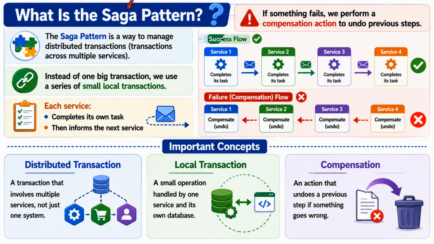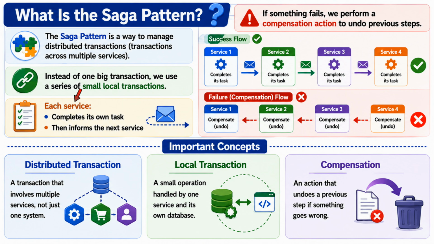Now we will see what is the Saga pattern. The Saga pattern is the method used to manage distributed transactions. A distributed transaction means one transaction that involves multiple services. Instead of using one large transaction, the Saga pattern breaks the process into many small transactions. These small transactions are called local transactions.